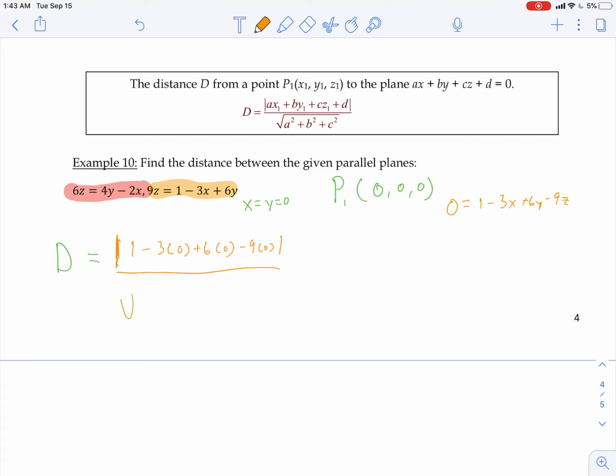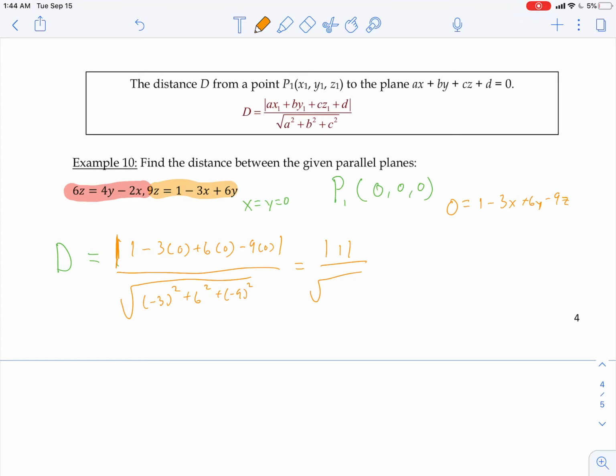Our vector of that plane is, again, all of our coefficients. So it's going to be the square root of negative 3 squared plus 6 squared plus negative 9 squared. When we plug into the top, we get a magnitude of 1.